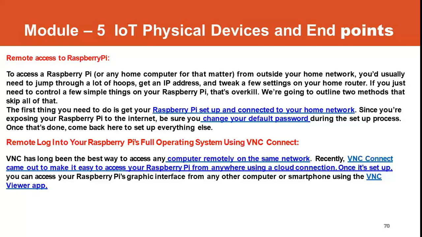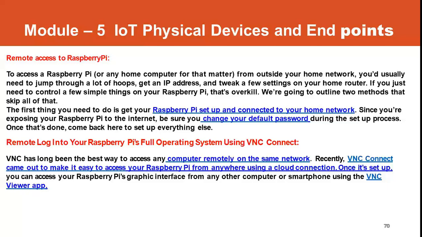Recently VNC Connect has come out to make it easy to access a Raspberry Pi board for cloud integration. Once it's set up, we can access the Raspberry Pi's graphical user interface from any computer or a smartphone using the VNC Viewer app.